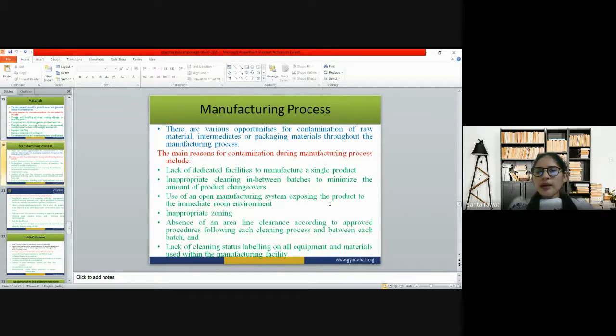The main reasons for contamination during the manufacturing process include lack of dedicated facilities to manufacture a single product, improper cleaning in between batches to minimize the amount of product changeovers, use of an open manufacturing system exposing the product to the immediate room environment, inappropriate zoning, absence of an area line clearance according to an approved process following each cleaning process and between each batch, and lack of cleaning status labeling on all equipment and material used within the manufacturing facility.